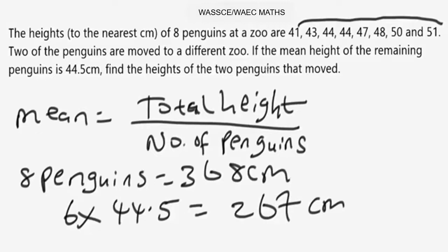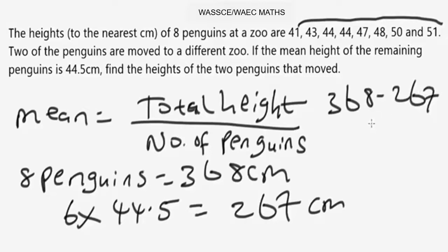Okay, now the question says find the heights of the two penguins that moved. Now the combined heights of the penguins that moved will be, we want to find this now, so the combined heights will be to subtract this 267 from this 368. So when you do it, it will be 368 minus 267.